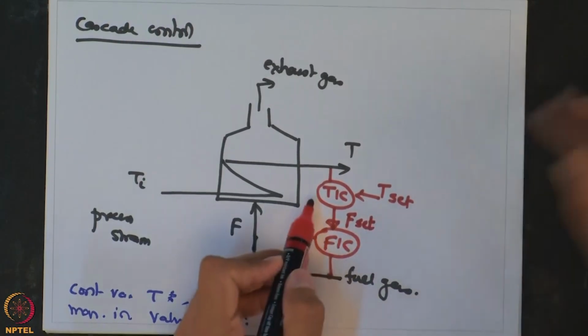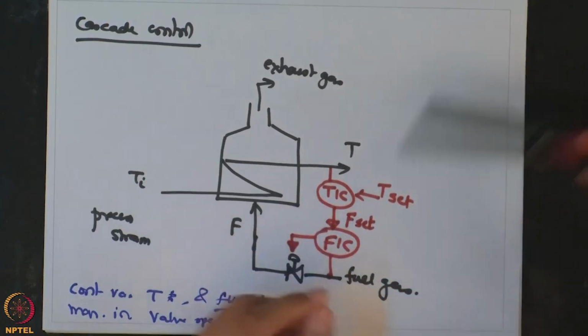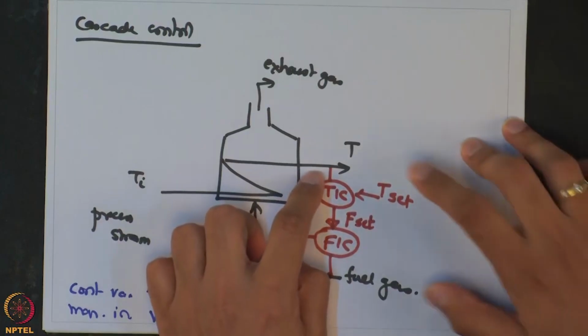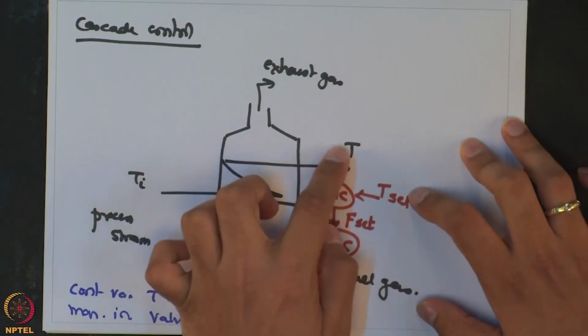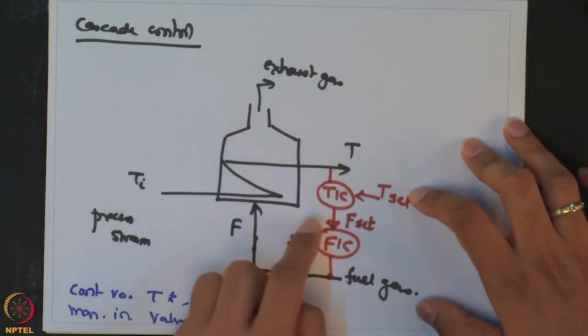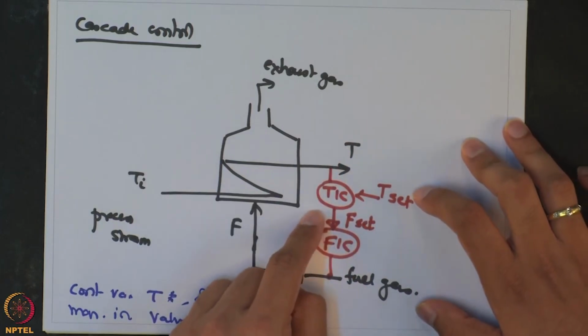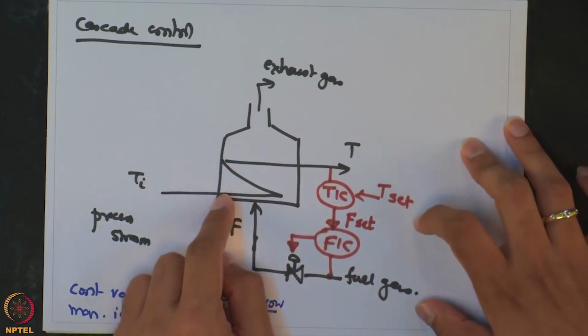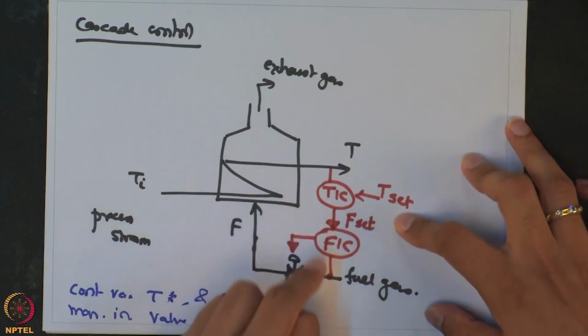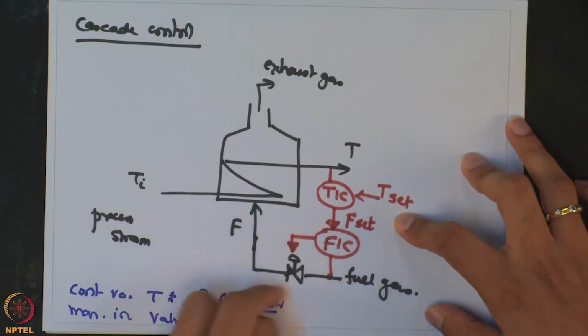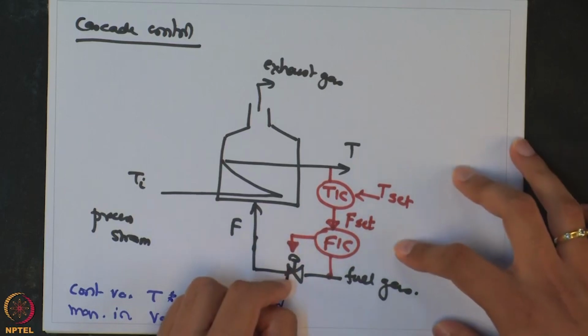The temperature controller tells me, for a particular set point temperature and the current temperature, what should be my flow of fuel going into this furnace, and that acts as a set point for this flow controller, which is going to manipulate this valve opening.